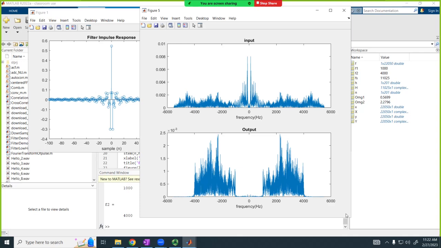So keep that in mind. This scale is smaller than this scale, bigger than this scale, so this looks amplified, but in reality, it's the same size. Okay.